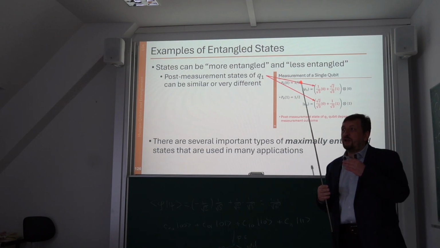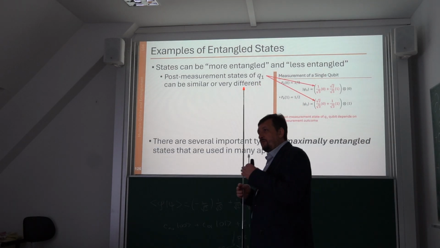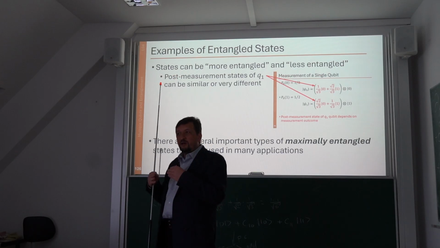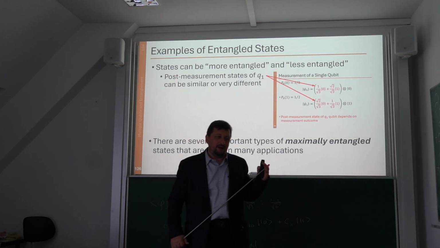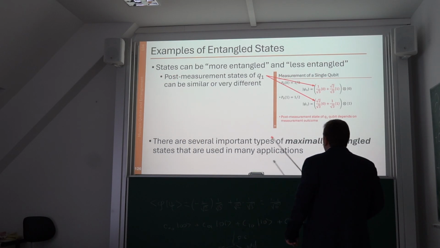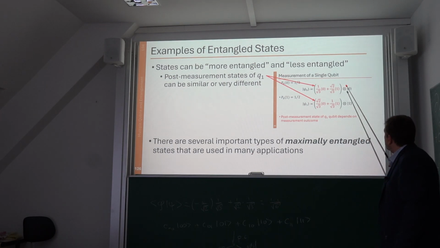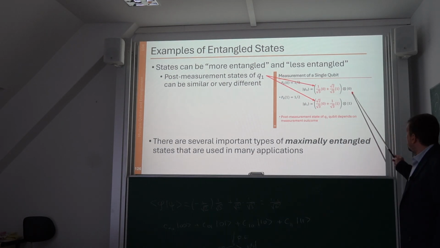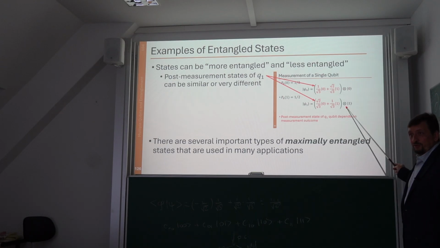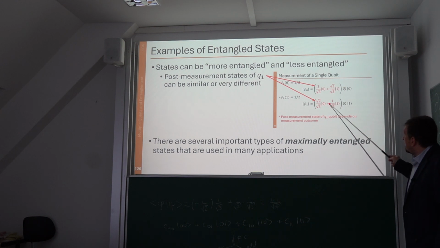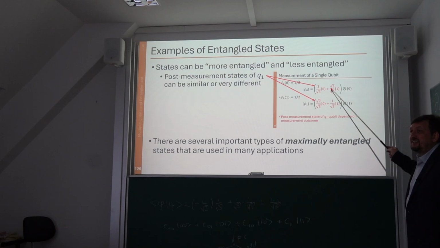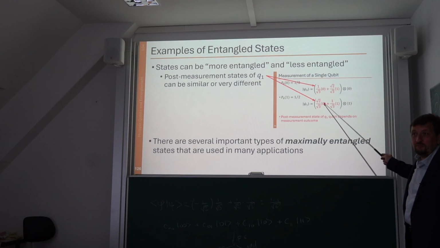There are different levels of entanglement. States can be entangled weakly or strongly, and we will not go into the exact mathematical definition, but for example, if we measure one qubit, we get two different orthogonal outcomes of measurement, of course. And here we have different states of the other qubits. We can characterize how different these states are simply by taking the scalar product between them.